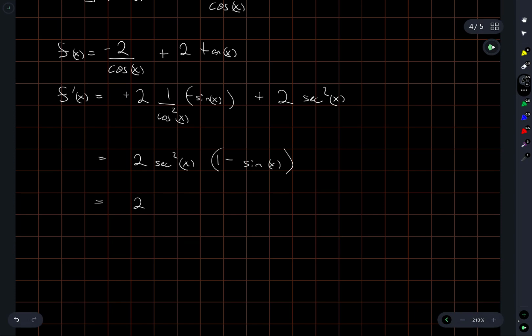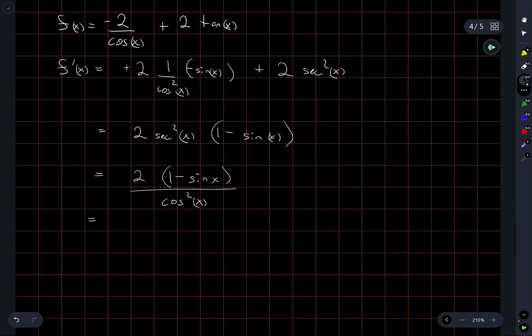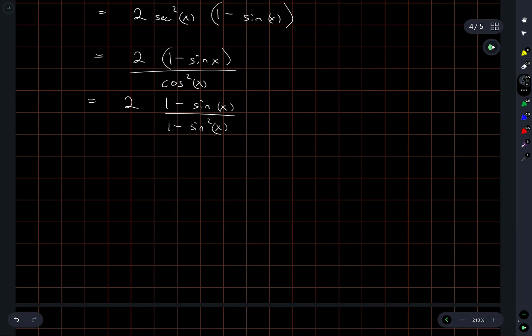So this is 2 times 1 minus sine x divided by cos squared x, which is 2 times 1 minus sine x over 1 minus sine squared x. Think of the bottom as a difference of squares. This gives us 2 over 1 plus sine x.